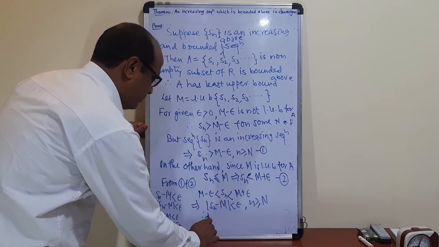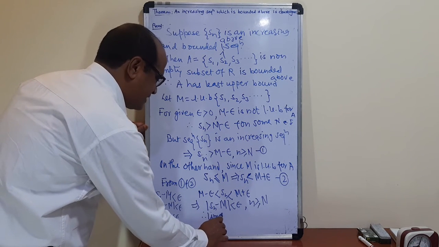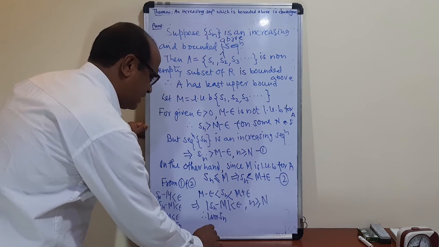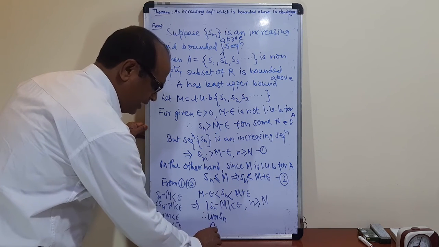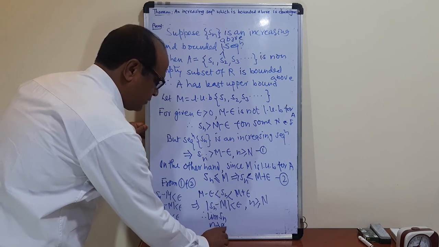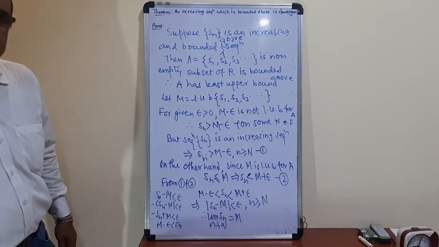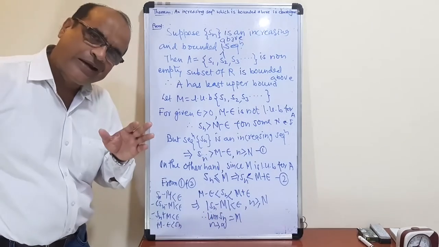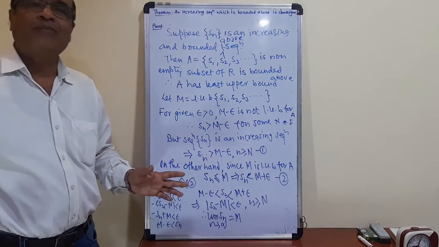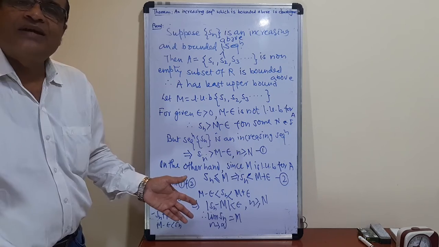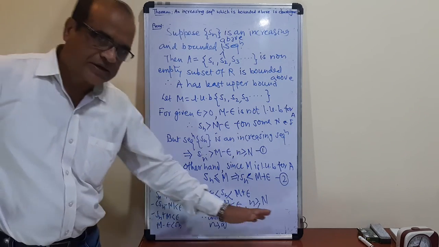Therefore, limit of Sn as n tends to infinity is equal to m. Therefore, the sequence Sn has limit m. Hence, the sequence Sn is a convergent sequence.